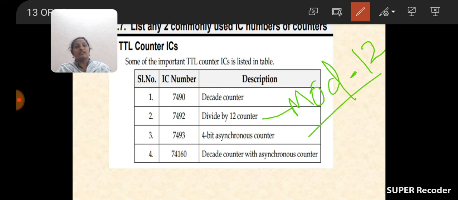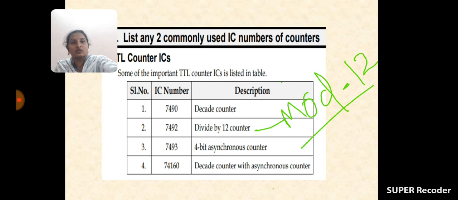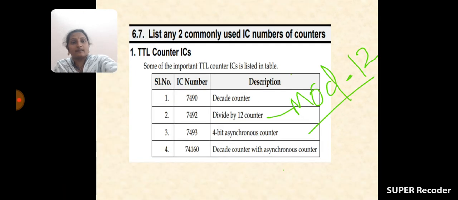It is a decade counter with asynchronous counting. Why? Because decade counters are available in asynchronous form as well as synchronous form. If we enter the number 74160, it is an asynchronous decade counter. For synchronous, another IC is there. Is it clear? So these are the different ICs to produce the counters.